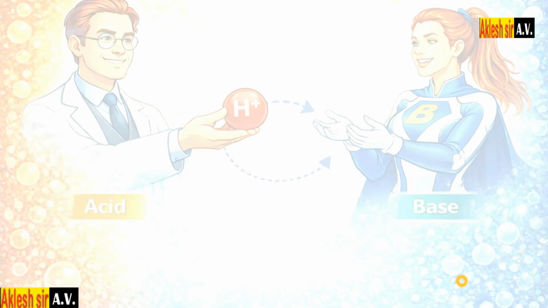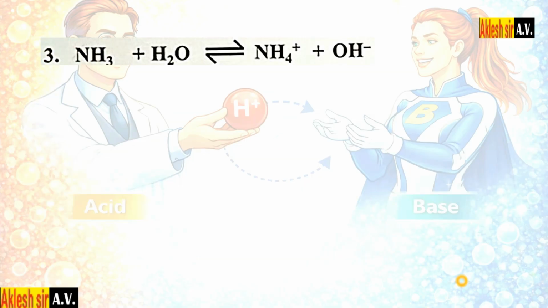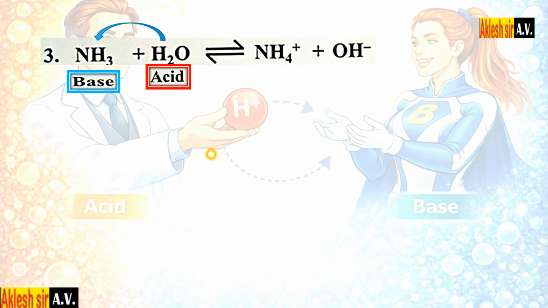Conjugate acid base pair. Next example, ammonia reacts with water to give ammonium ion and hydroxide ion. Since the water is donating the proton, water is acting like an acid, and ammonia is accepting the proton, therefore it is acting like a base. Here NH4 plus donates the proton to OH minus, because when NH4 plus donates the proton it forms ammonia, and OH minus accepts the proton to form a water molecule.